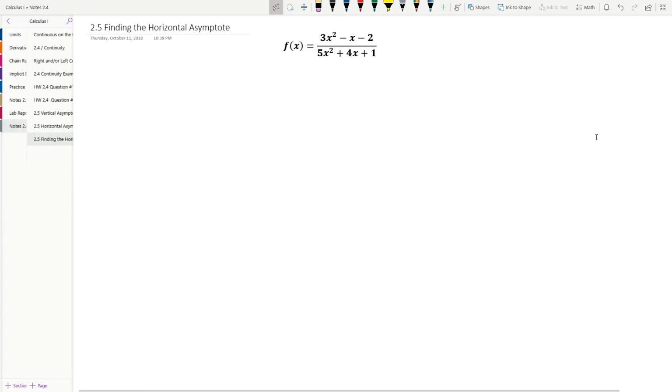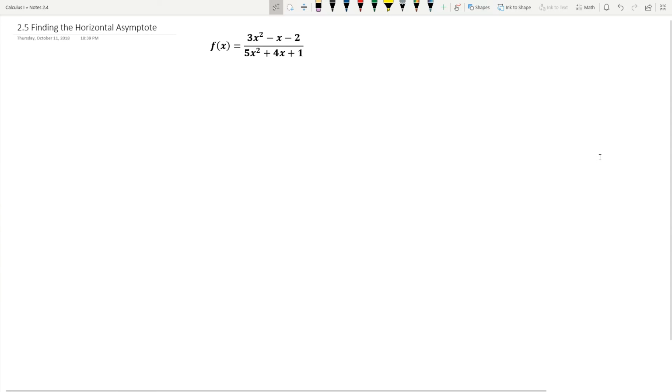So in our first example, we're going to find the horizontal asymptote of this function. In order to do that, we're going to set this up as the limit as x is approaching, in this case, positive infinity.